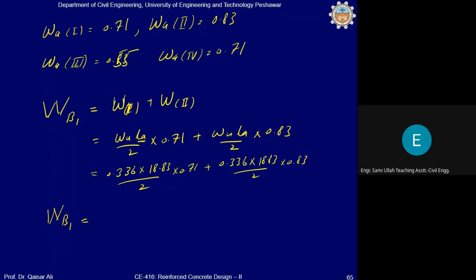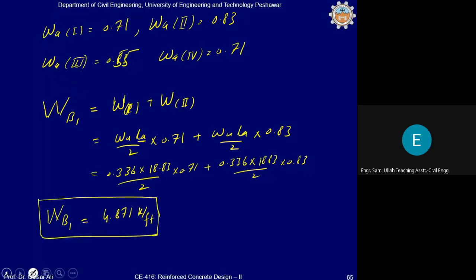Load acting on B1. 4.871. Okay, perfect. This is the load acting on exterior span of B1.